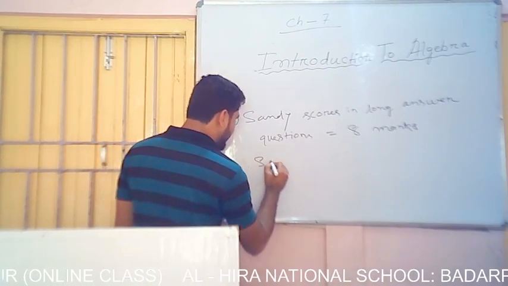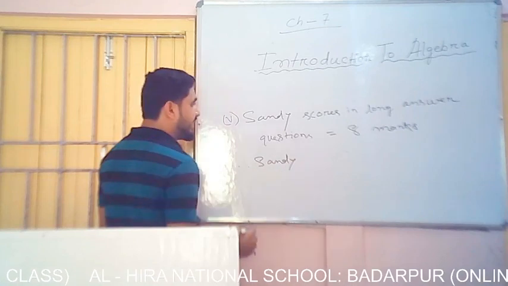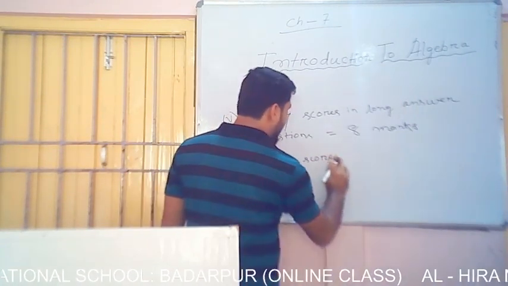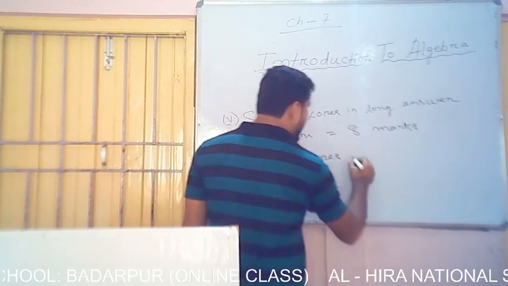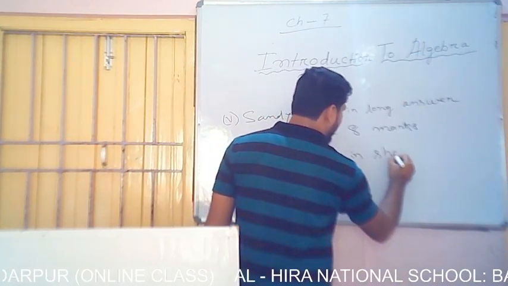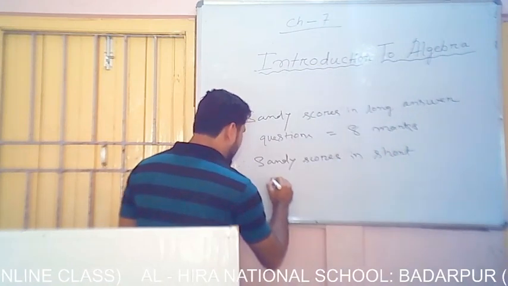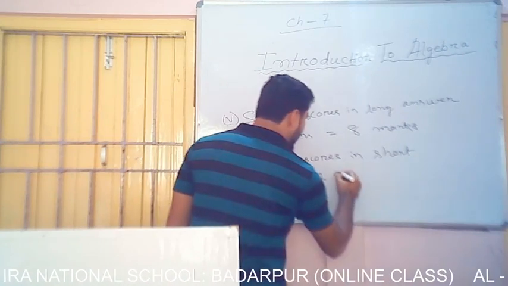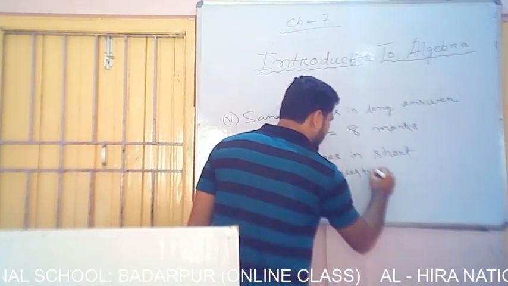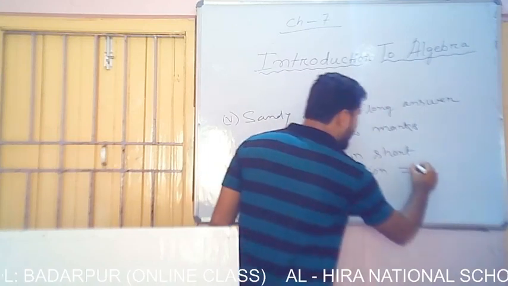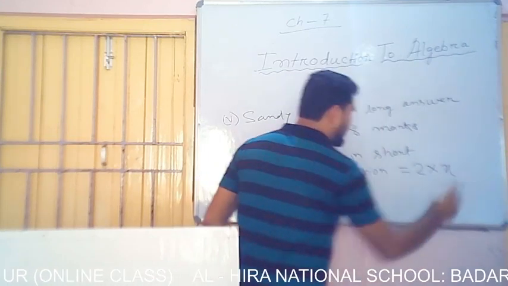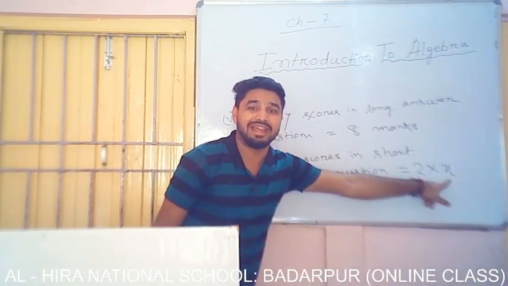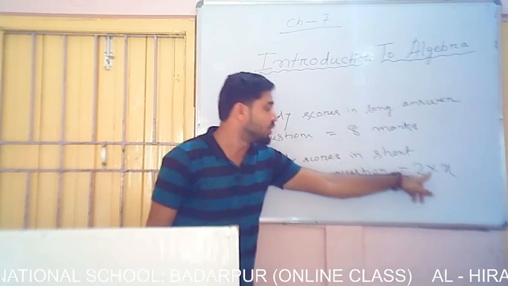Therefore Sandy's score in short answer questions equals 2 into x. 2 is the mark for each short answer and she wrote x short answers.